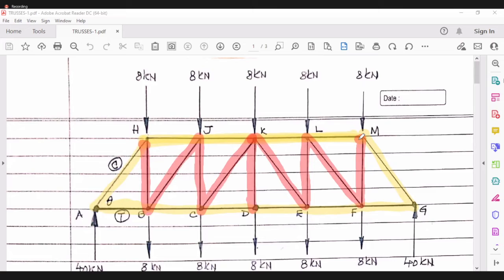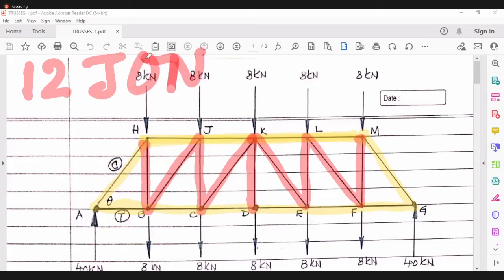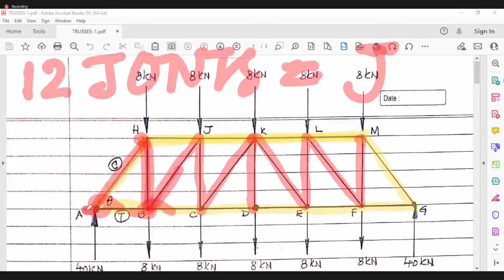This truss has 12 joints. J is equal to 12. 1, 2, you count, it is 12.